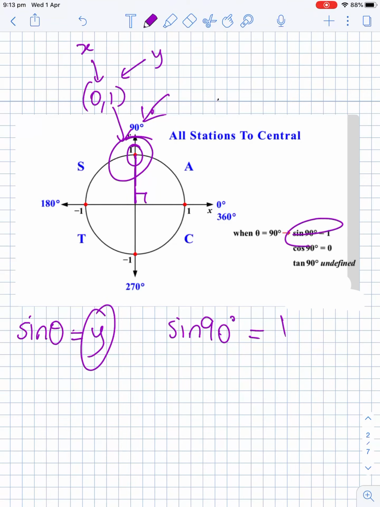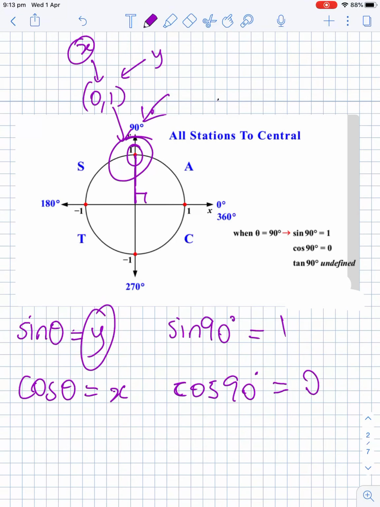So therefore it's 1. Done. So that's how you get this solution right here. Let's do cos. So cos of theta equals x. So cos of 90 degrees, what's our x value? Our x value is 0. Done. Simple, easy.